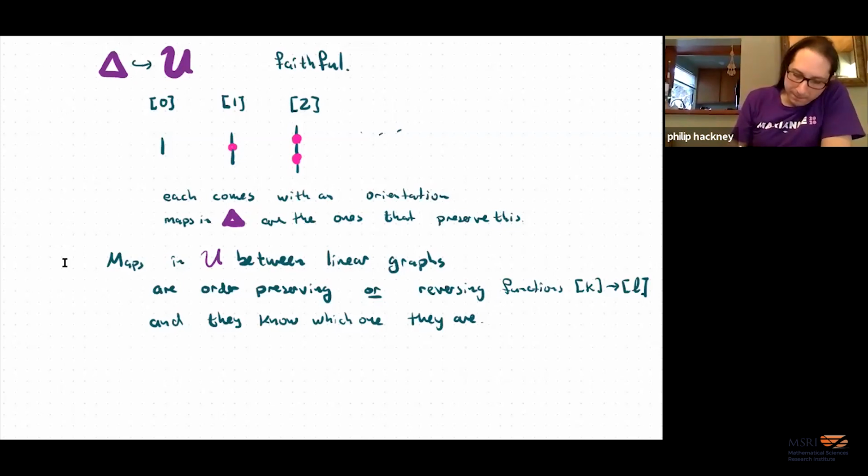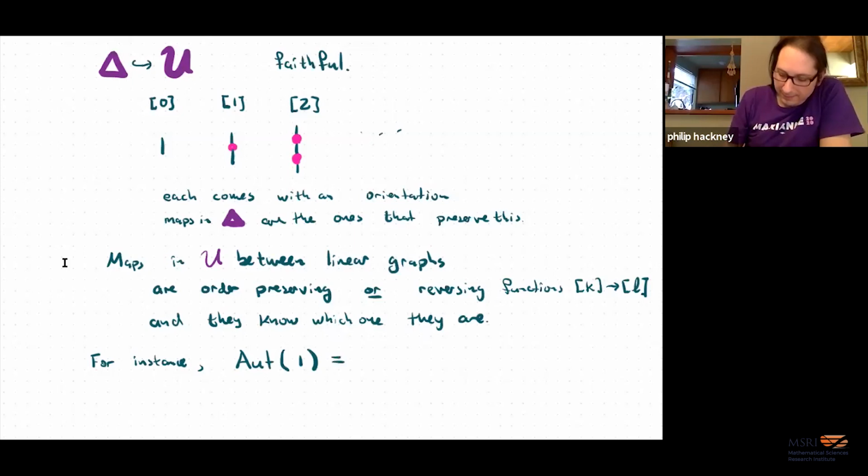For example, let's say the automorphisms of this edge, well, there are two of them, right?